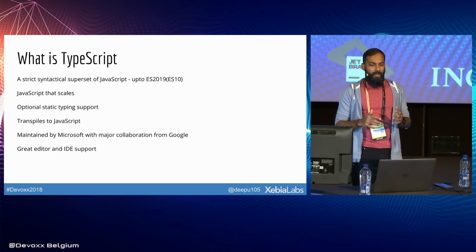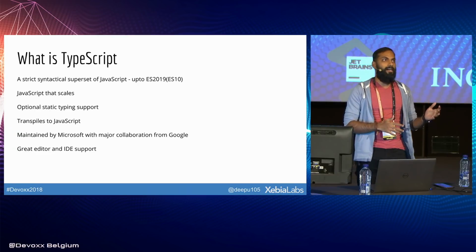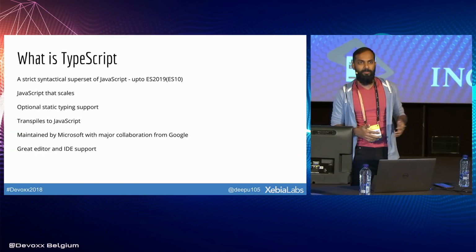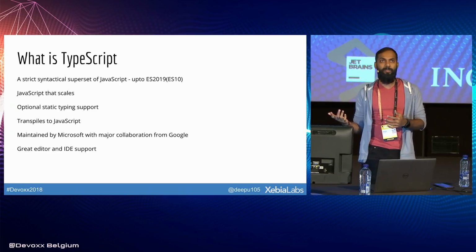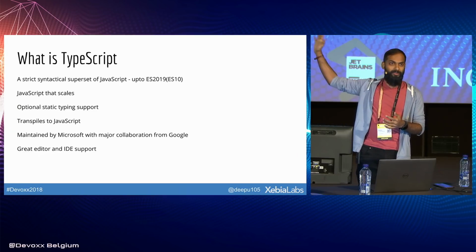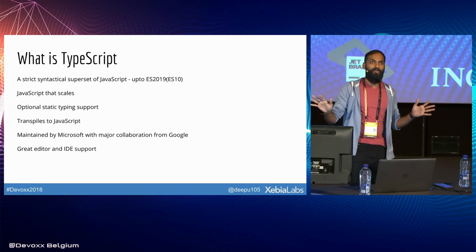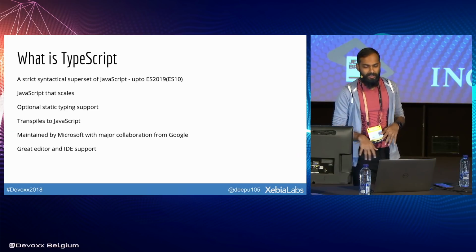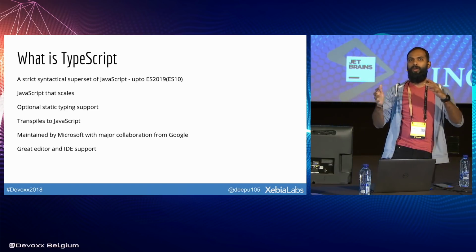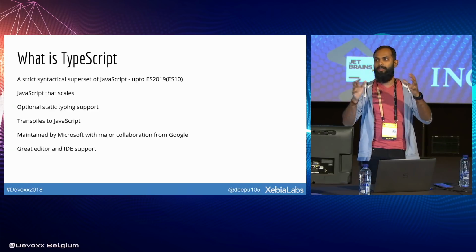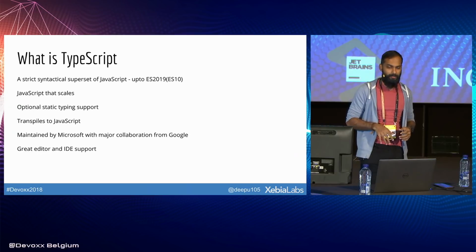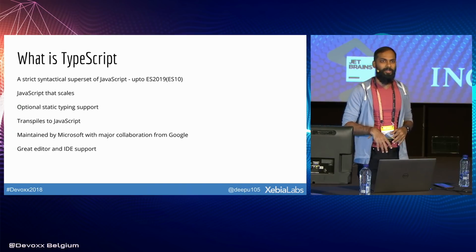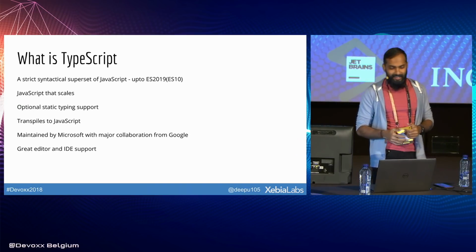It is also called JavaScript that scales by the TypeScript community. It has static typing support, which is optional, not mandatory. You can always use TypeScript without the type system as well if you want the flexible nature of JavaScript, and if you're okay to deal with all the type errors that come with that.